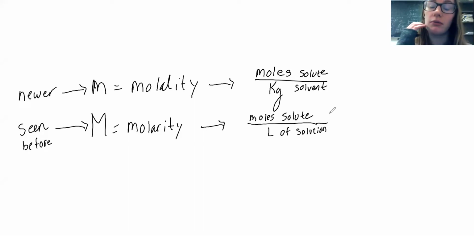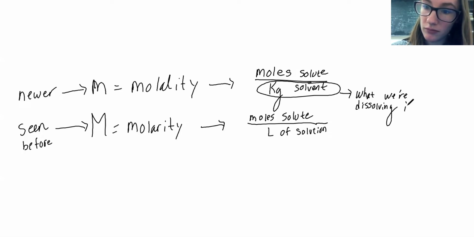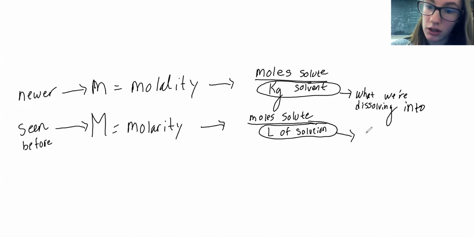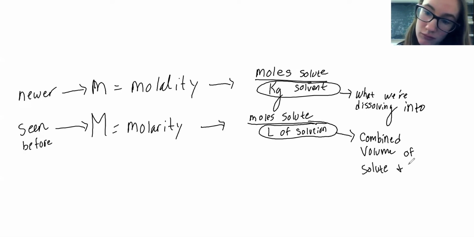The big difference is that kilograms of solvent specifically refers to what we're dissolving into, whereas liters of solution refers to the combined volume of both the solute and the solvent. So that is how they're different.